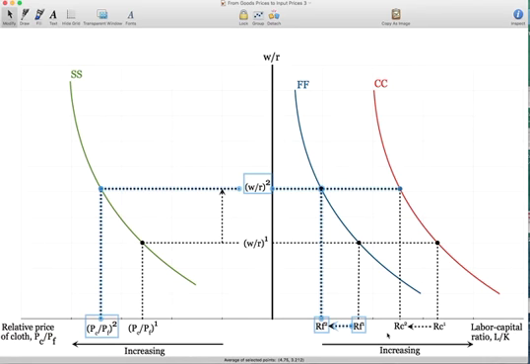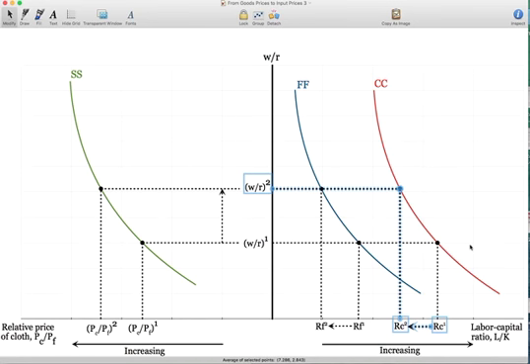Let's take a look at cloth production. If we keep that ratio of the wage rate to the rental cost of capital, we go over to CC, which represents cloth production. That shows us that the new labor capital ratio is going to be less than the initial one. And it's the same reason as for food production.